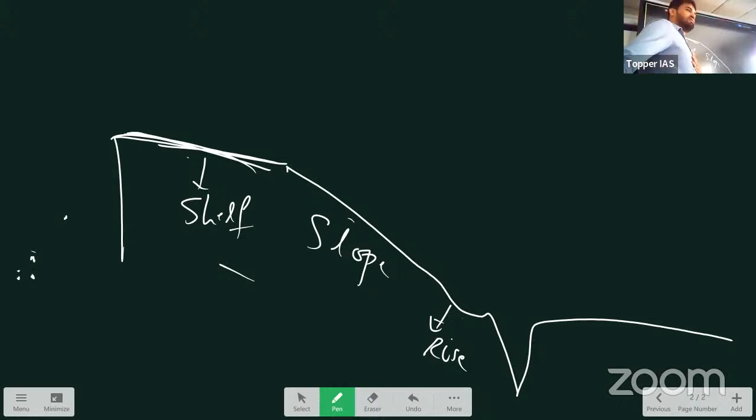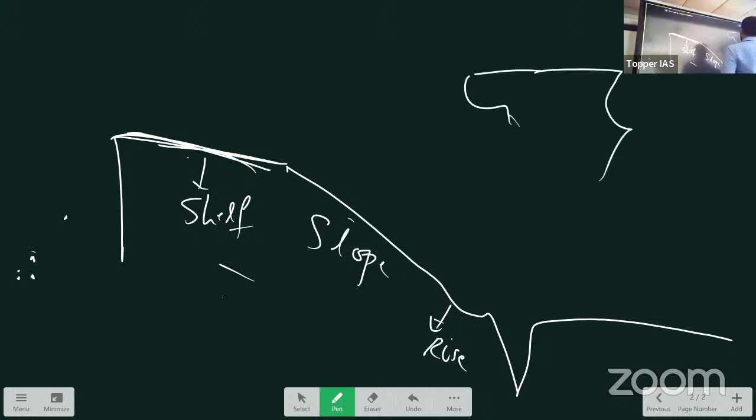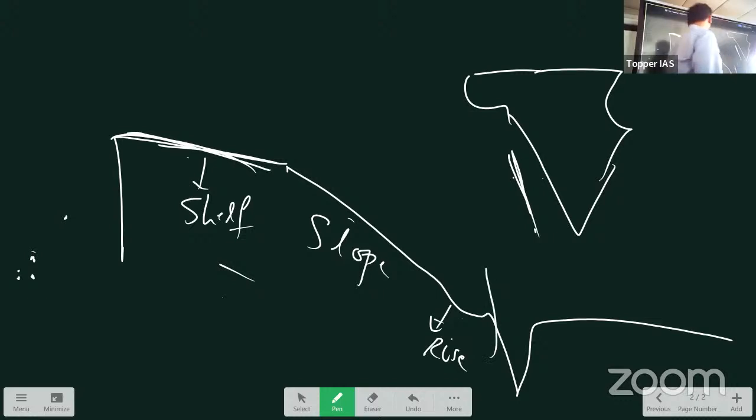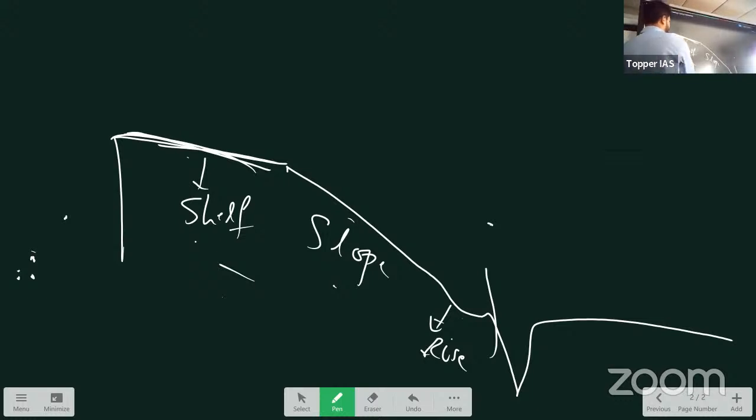Right or wrong? Right. Take the African continent, for example. Next to this, there are these three divisions: shelf, slope, and rise. So they are continuation of the continental plate. Understanding this? So shelf, slope, rise, and the last part is abyssal plain.